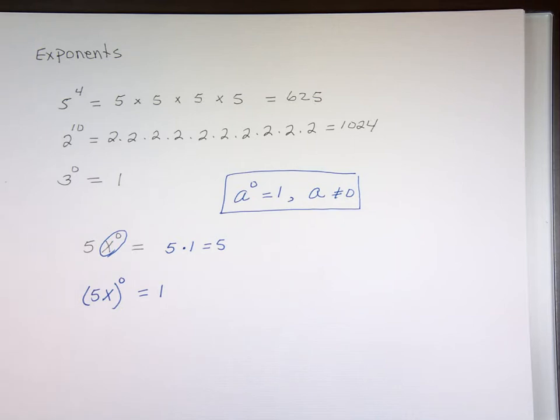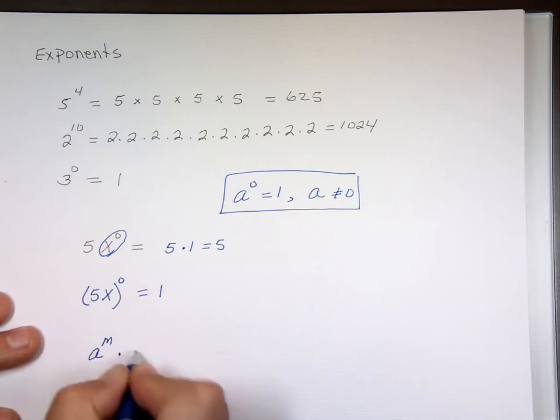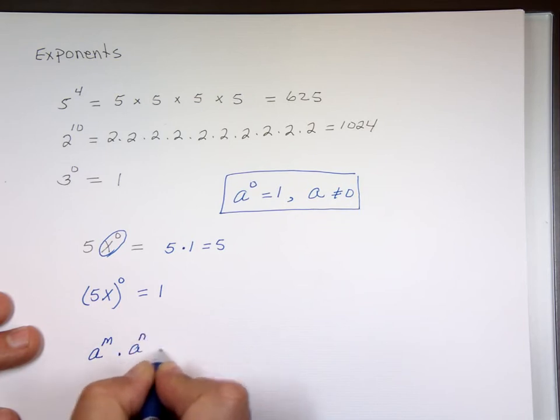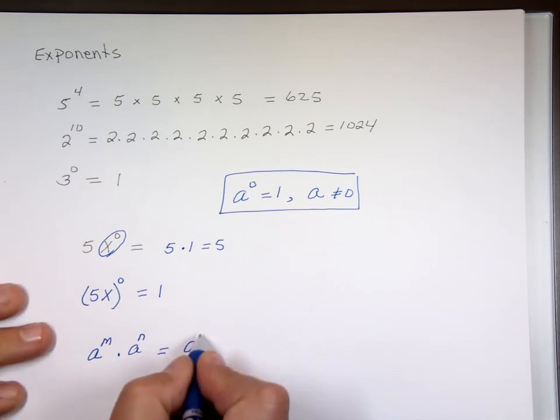Now, another property of exponents: when you have the same base, if you're multiplying, if the base is the same, you keep the base, and what do you do with the exponents? You add them.